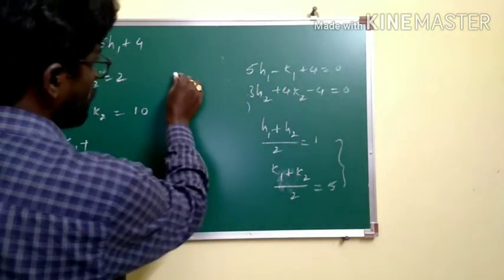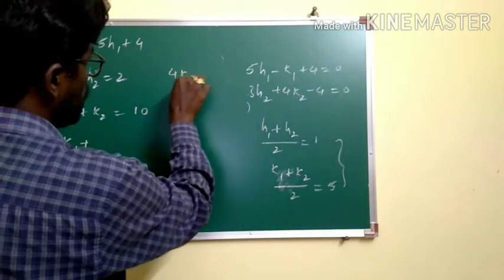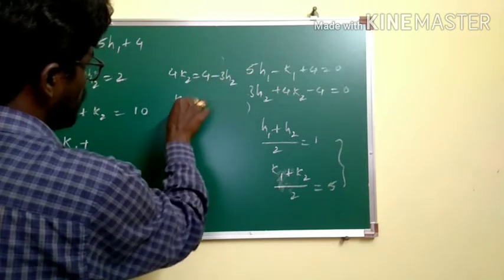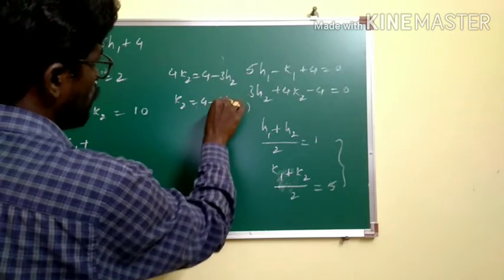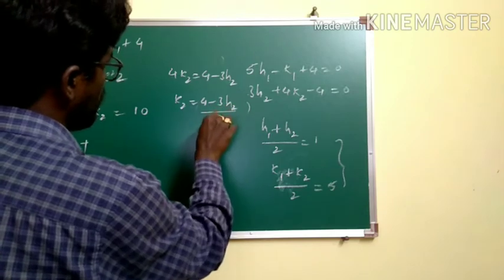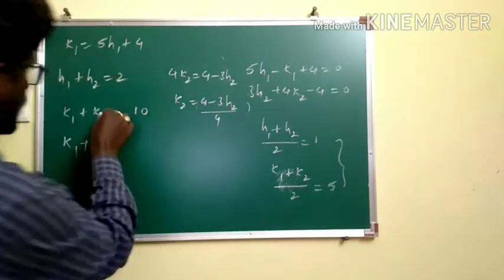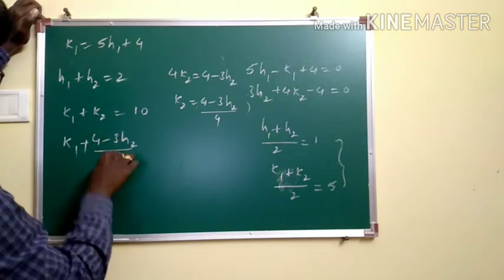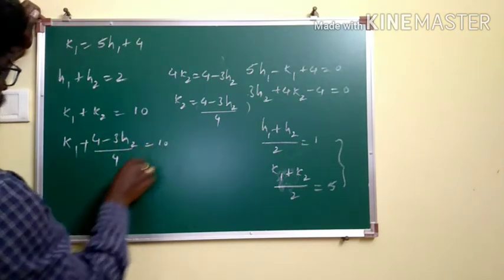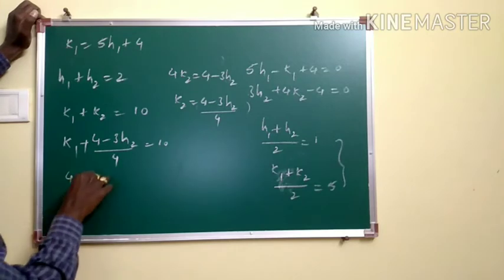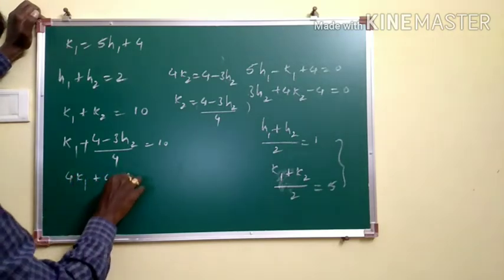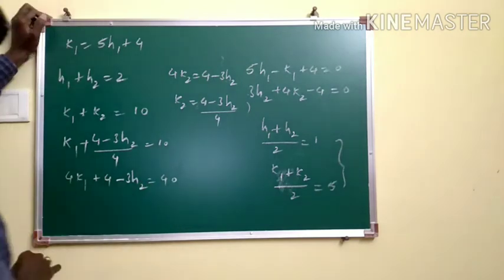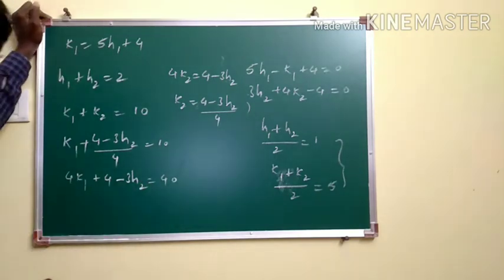From this equation, 4k2 is equal to 4 minus 3h2, so k2 is equal to (4 minus 3h2) by 4. So I am going to replace k2 by this: k1 plus (4 minus 3h2) by 4 is equal to 10. So 4k1 plus 4 minus 3h2 is equal to 40.